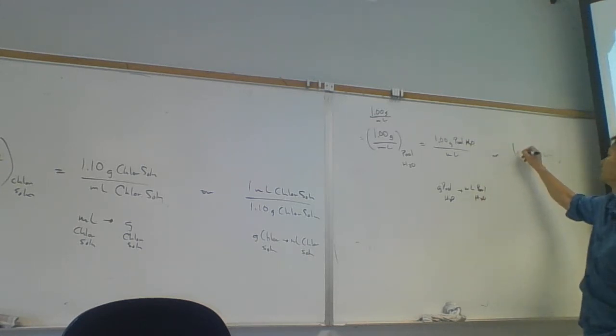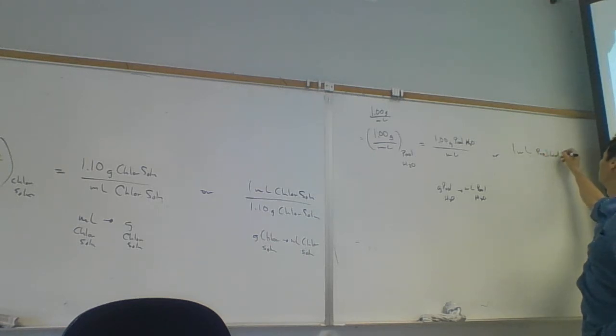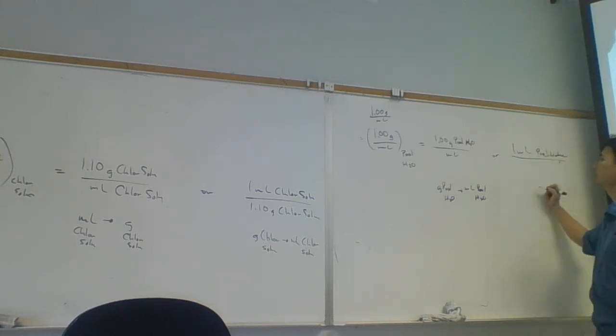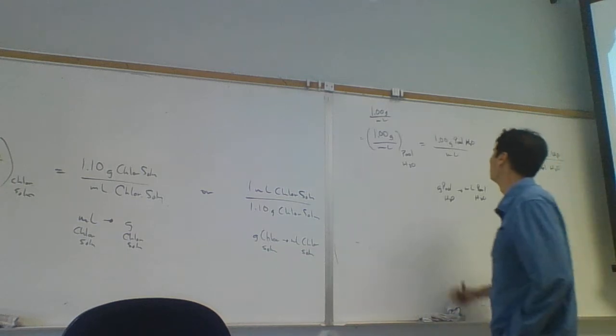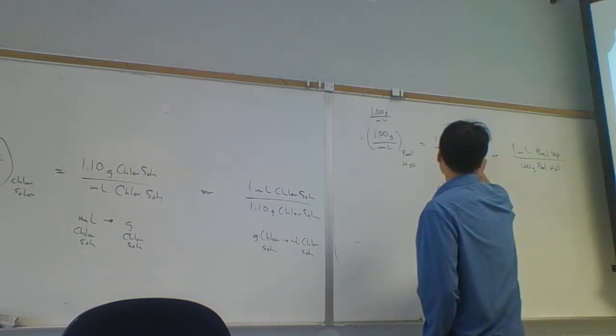Or we could say that for every milliliter of pool water, we'd have 1.00 grams worth of pool water. So this would be milliliters of pool water here.